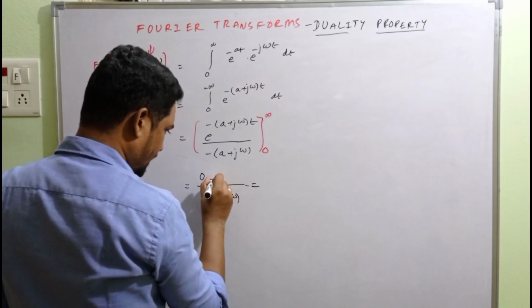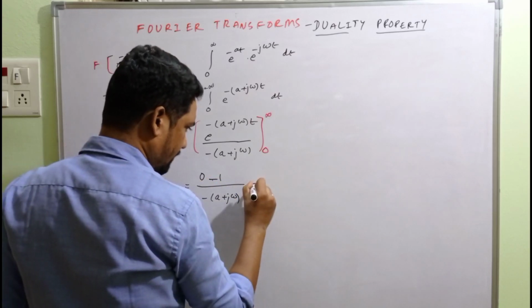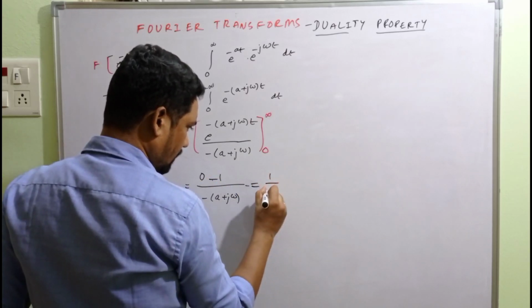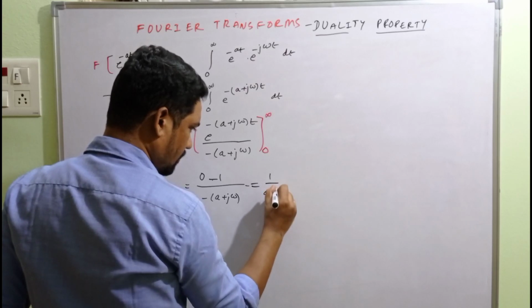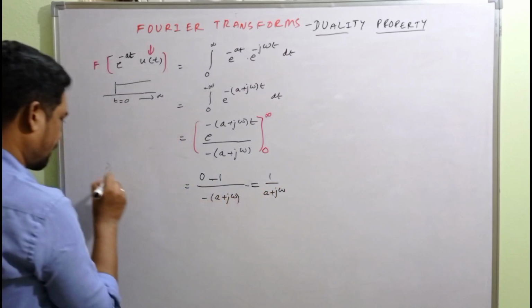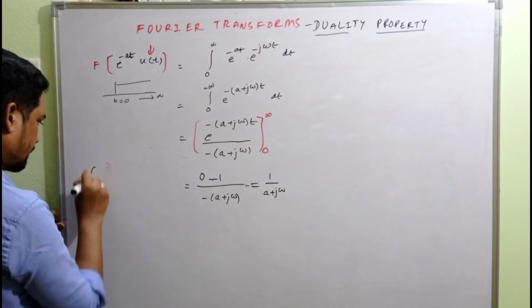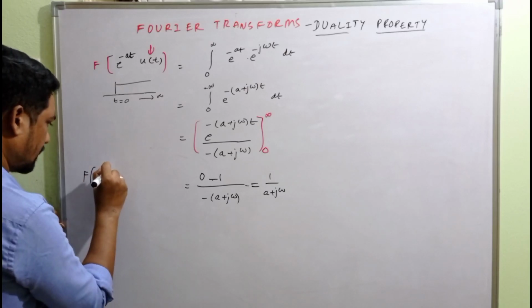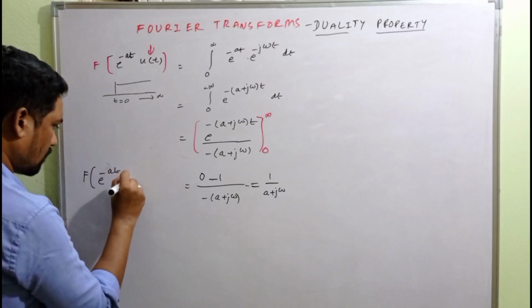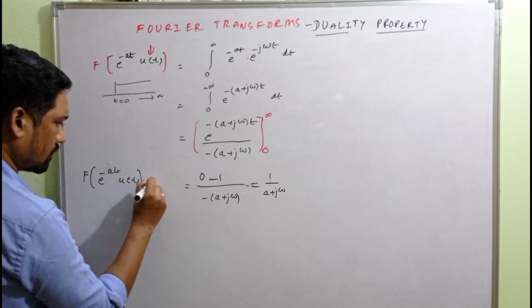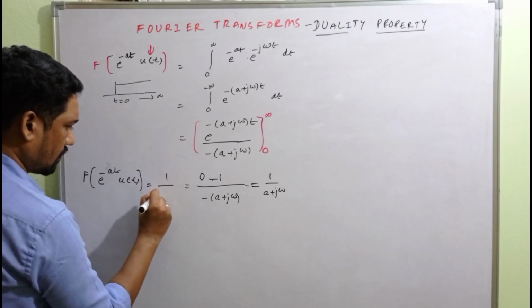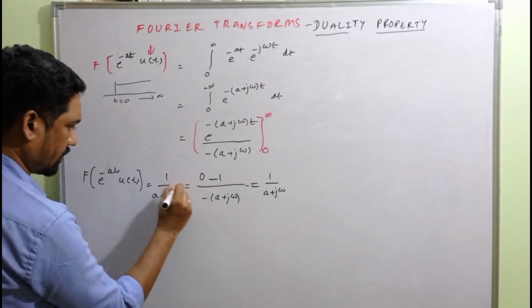So this negative gets cancelled, and our final result is 1 upon a plus j omega. That is, the Fourier transform of the signal e raised to minus a t u of t will be equal to 1 by a plus j omega.